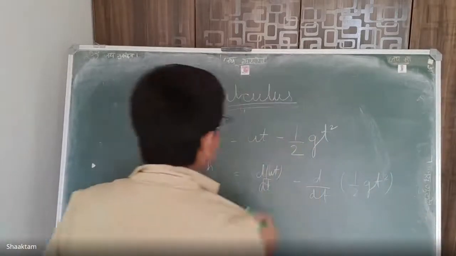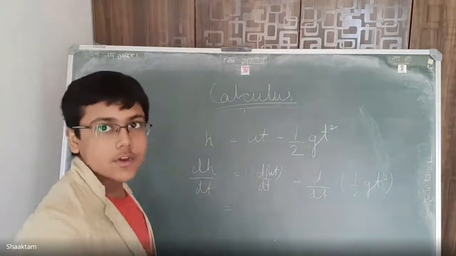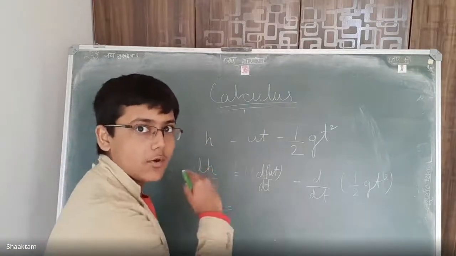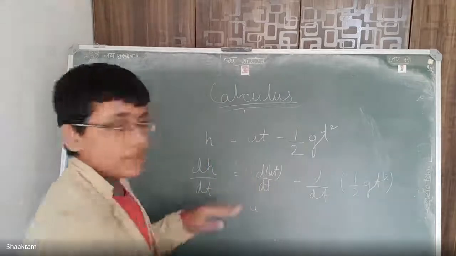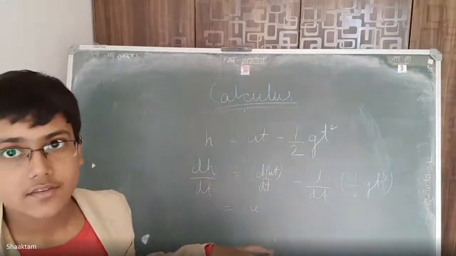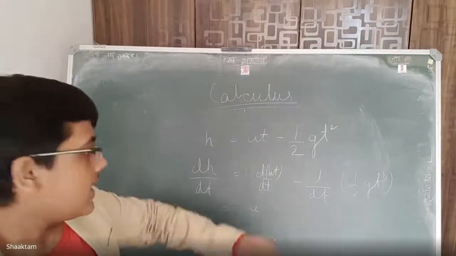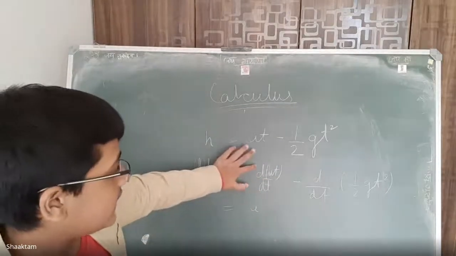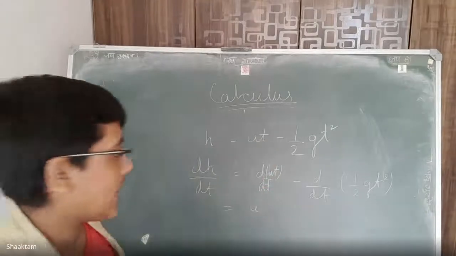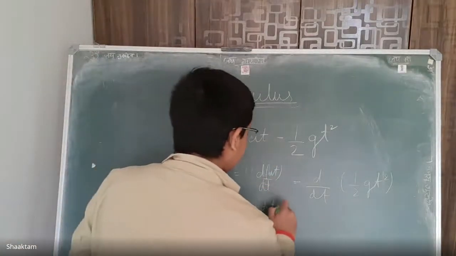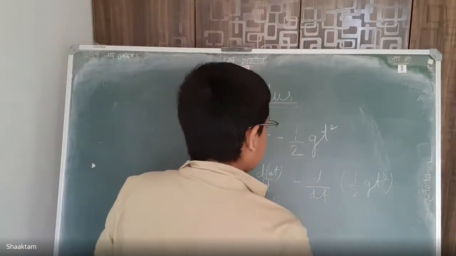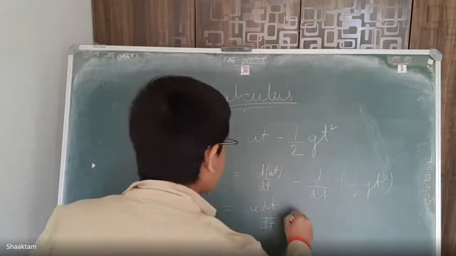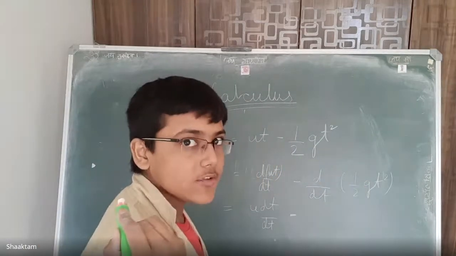Now, d of ut by dt. U, you know, is constant. I can bring u out. It's similar to d of cy by dx, which will be c dy by dx. In this case, the constant is u. I'll bring u out. And then I'll get d of whatever is left inside the bracket. So d of t by dt. Similarly, minus g, I told you take it as constant.